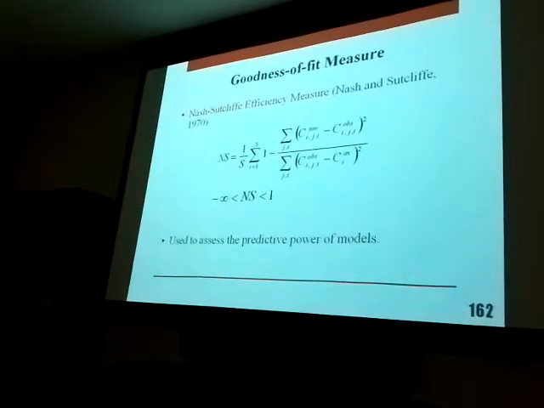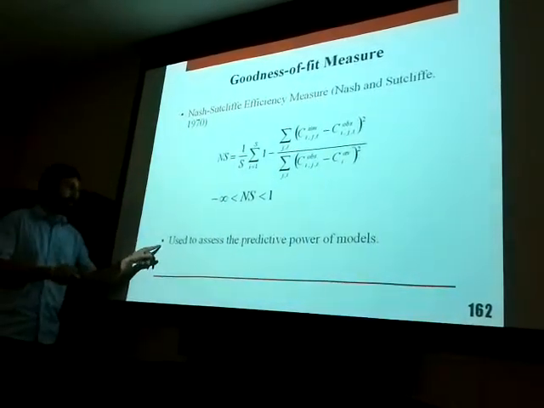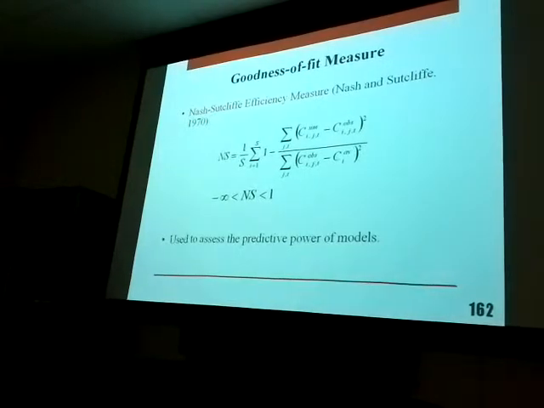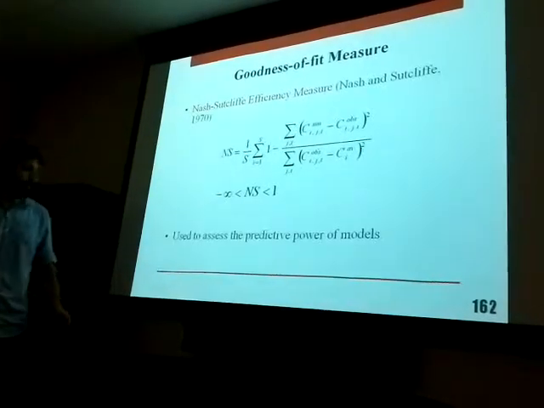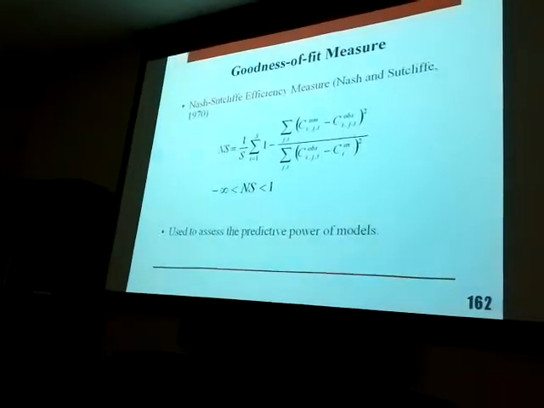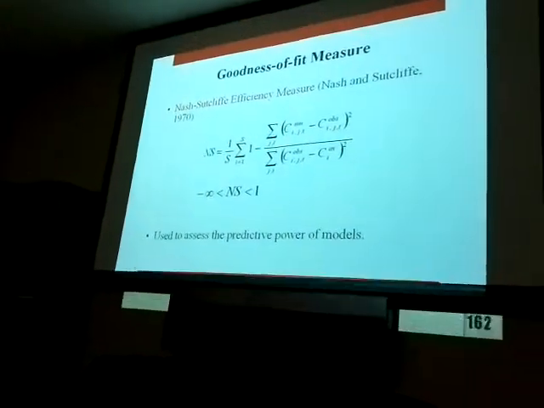I won't go through it. You can kind of go through it. And it's used to assess the predictive power. The most important thing I mentioned is, I'm going to draw this again on the board. Okay?